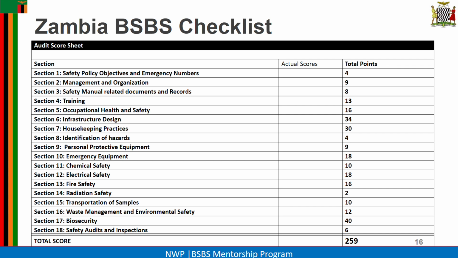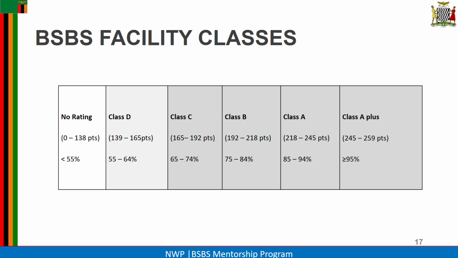So this checklist has a total of 259 points, and it is mostly used if we need to look at how well a facility is implementing biosafety and biosecurity in relation to some standards, for example, ISO 15190 as well as 35001. But mostly it will concentrate on how you are implementing in relation to 15190.